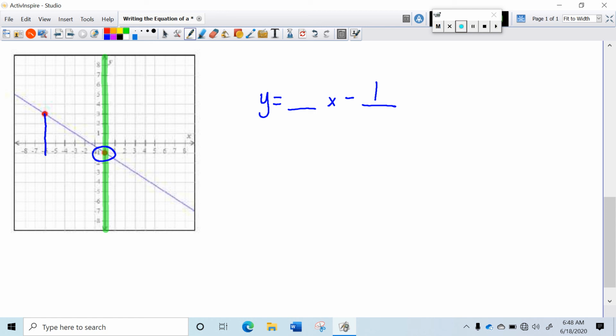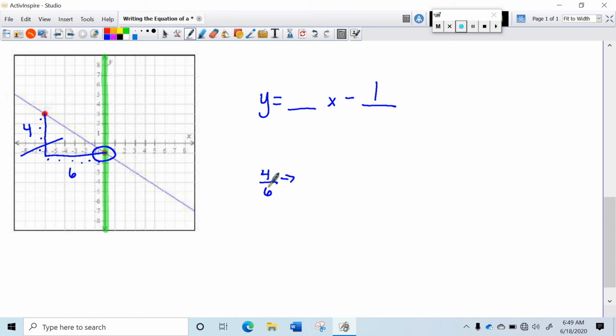Take and connect these 2 points with a triangle. You always draw under the line. 1, 2, 3, 4, and 1, 2, 3, 4, 5, 6. Okay, 4 over 6 doesn't divide evenly, but as a fraction, you can simplify that because they're both even.